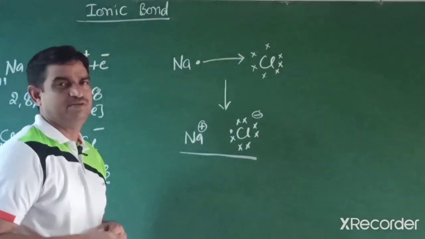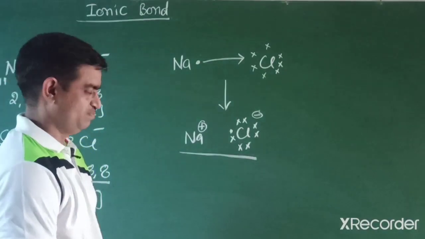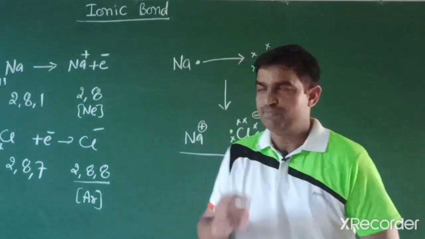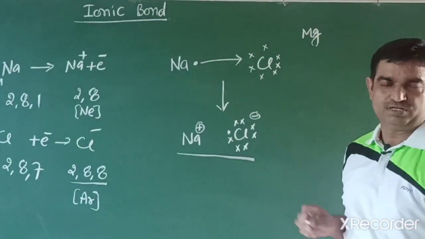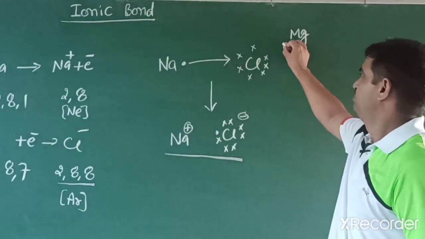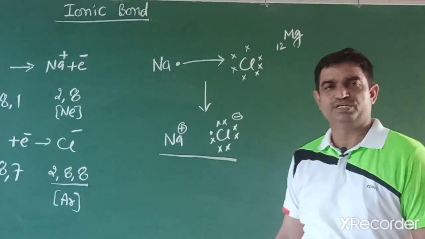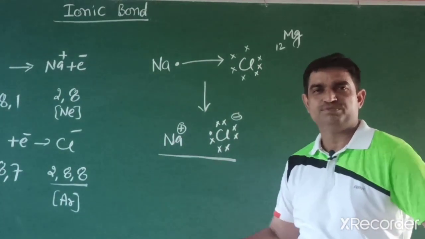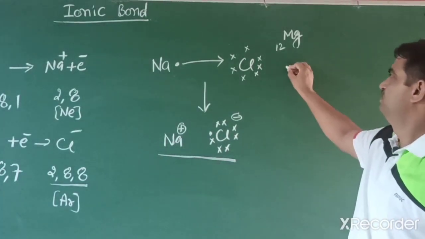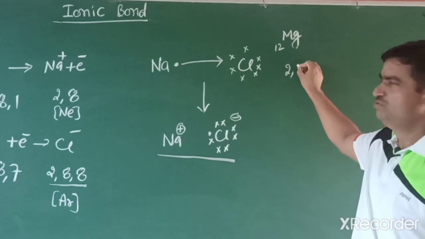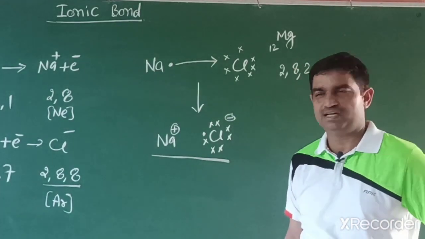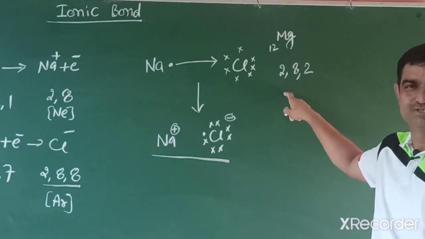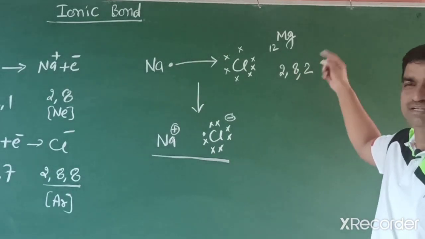Now we can explain by one more example: magnesium. Friends, the atomic number of magnesium is 12. So what is the electronic configuration of magnesium? If we write it, it is 2, 8, 2. We earlier discussed in 9th class: first shell only 2 electrons, then 8 and then the remaining.